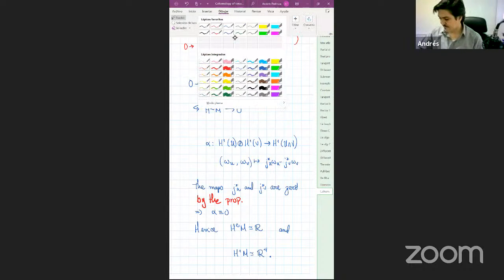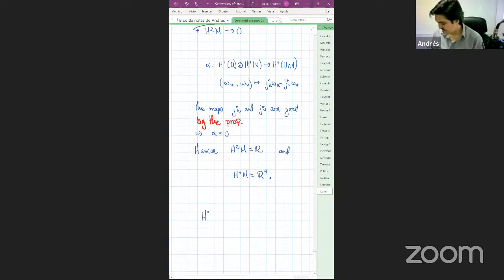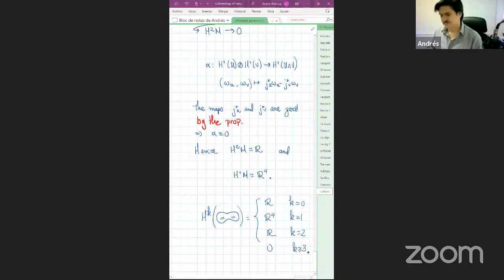So that's it. The cohomology of this, because it is connected, is R in degree 0, R4 in degree 1, R in degree 2, and 0 otherwise.